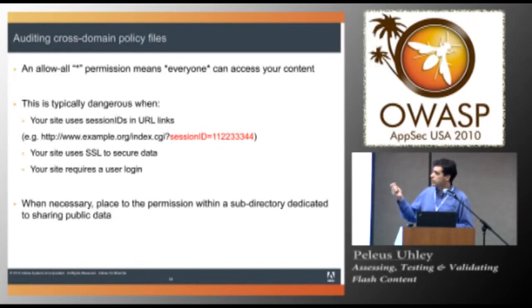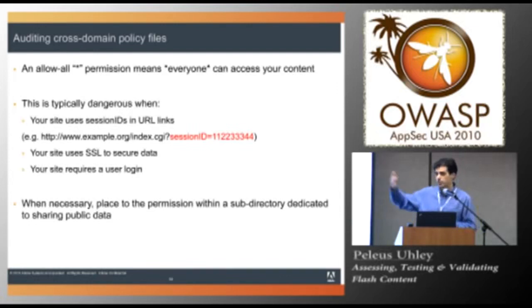So if you have a star permission, you typically don't want to use it on sites that use SSL or require a login. In some edge cases, it's probably okay depending on your use case, but as a general rule of thumb, it's a bad practice. And if you do need to allow star permission, you don't have to open up the entire website.